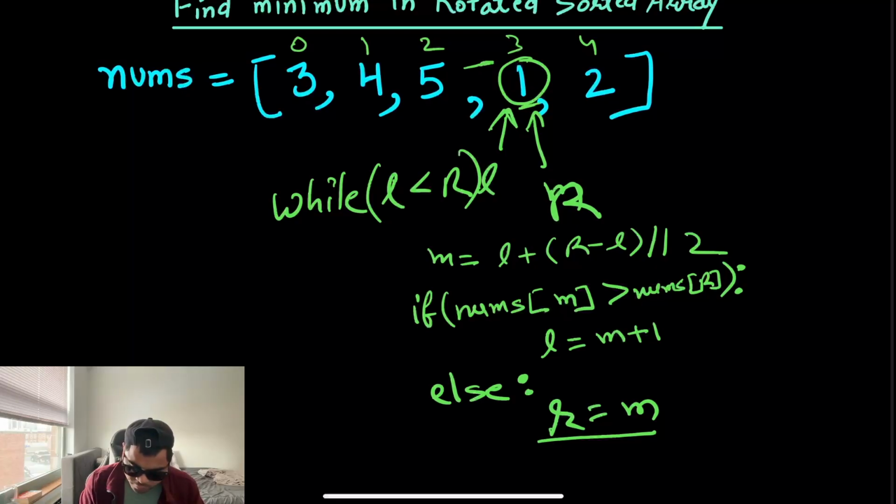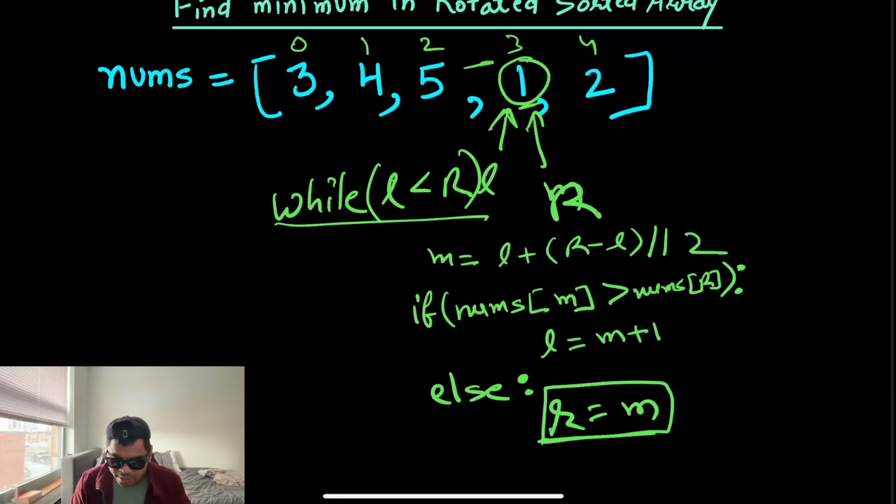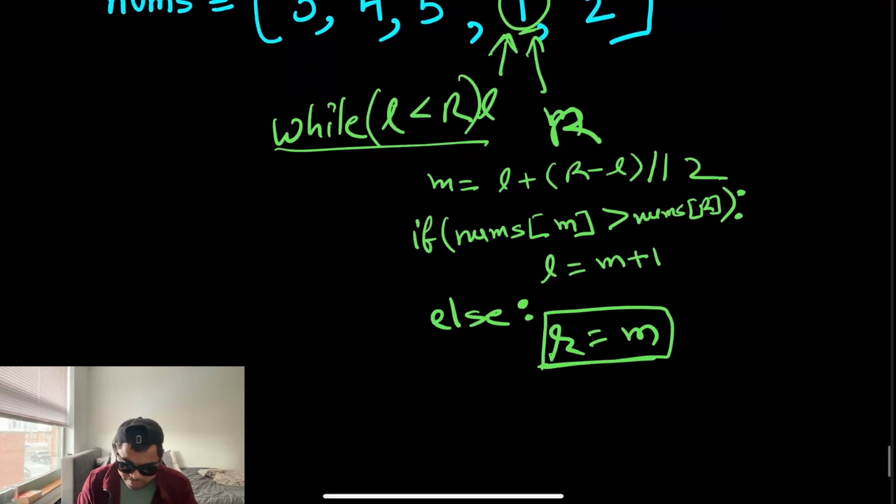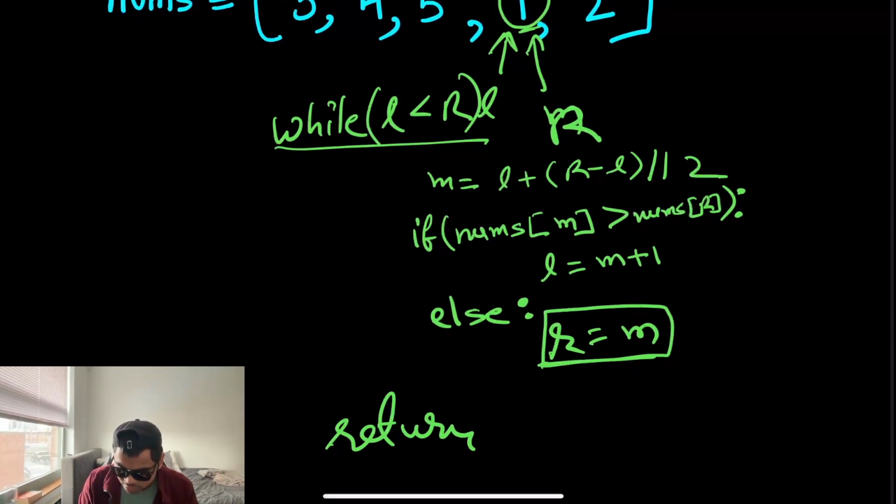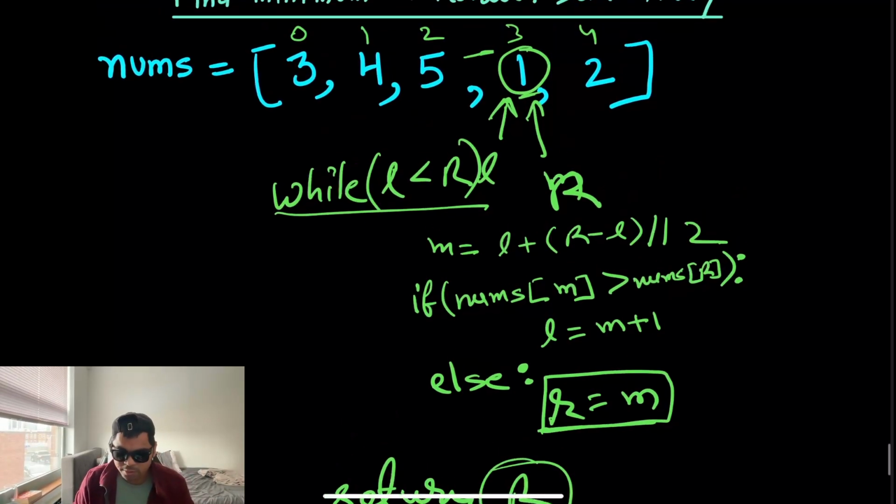That's when I can just return R as my upper bound, which will be the answer.